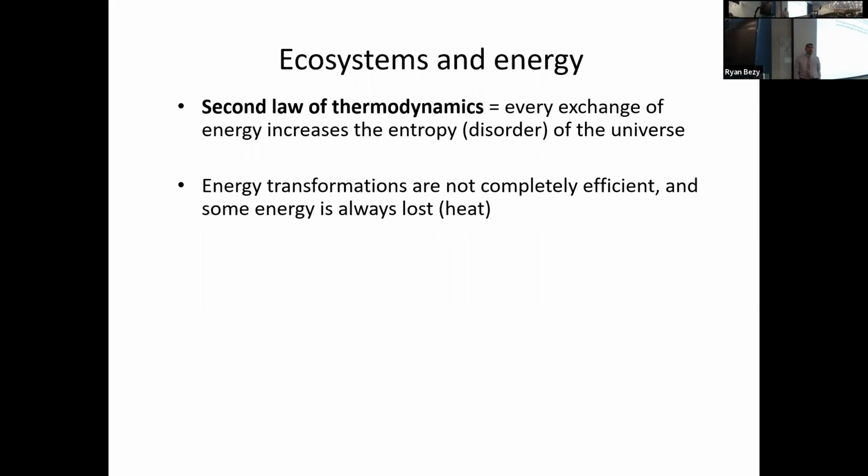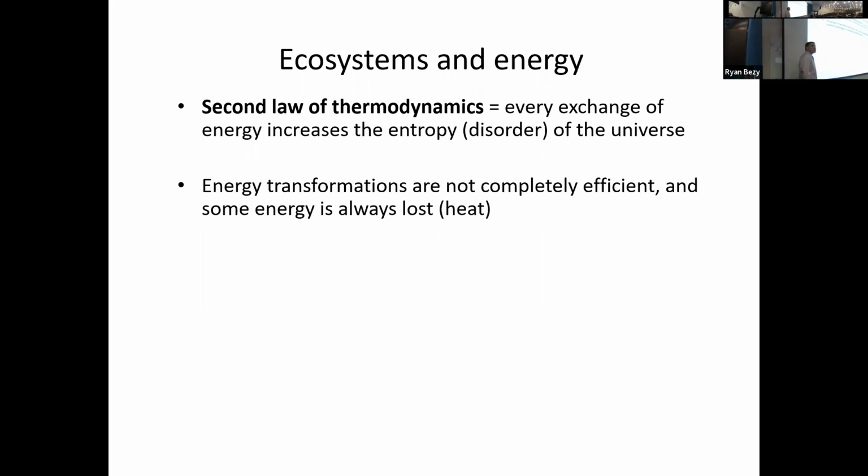Basically, what this is describing, especially in the context of biological systems, is that energy transformations are not completely 100% efficient. And some energy is always going to get lost from the system, and we might consider a living organism a system, to its surroundings as heat.